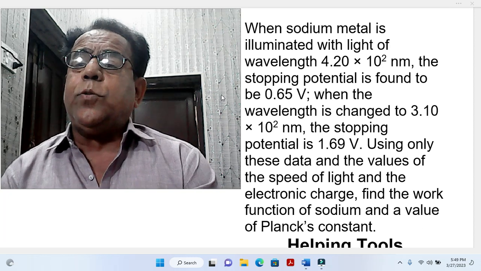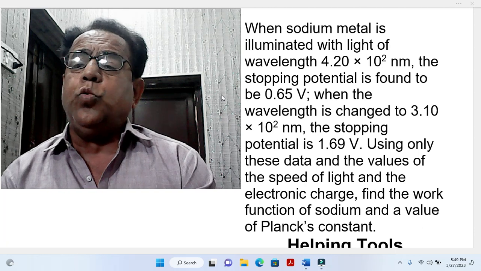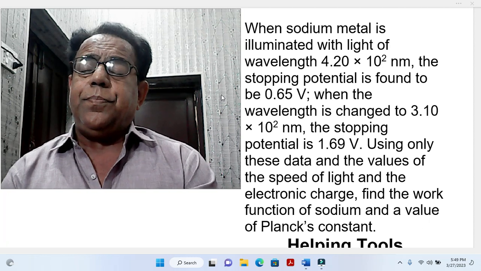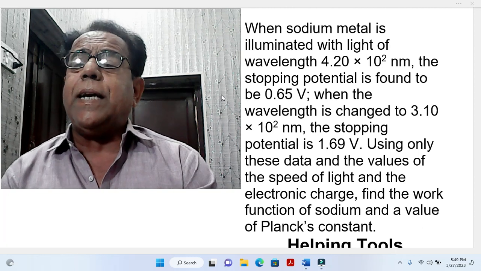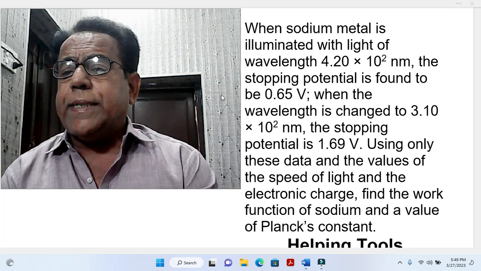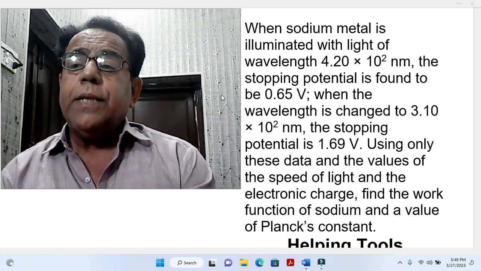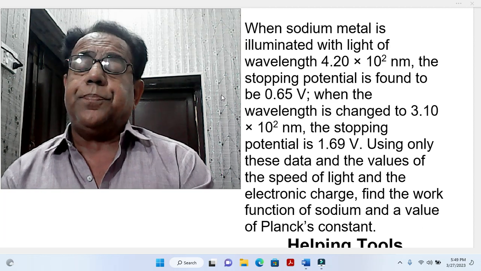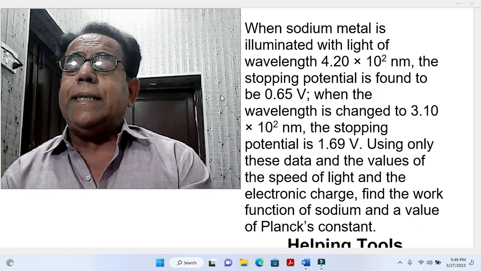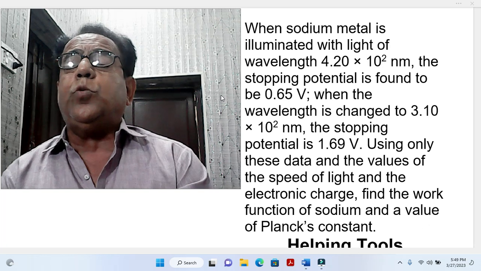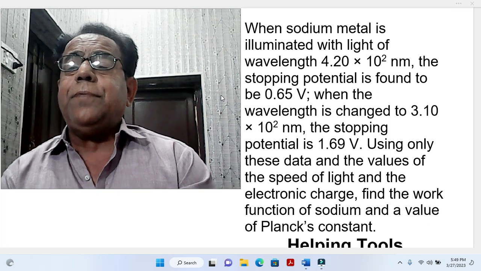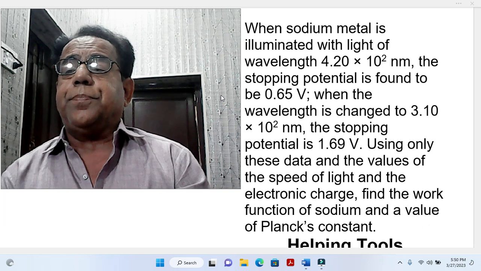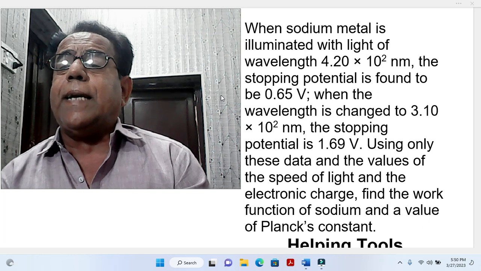When the wavelength is changed to 3.10 into 10 to power 2 nanometer, here again 310 nanometer is easier to describe, and we are a little confused by this irregular form. 3.10 into 10 to power 2 nanometer means 310 nanometer, or 3.10 into 10 to power 2 into 10 to power minus 9 meter, which comes to 3.10 into 10 to power minus 7 meter. Then the stopping potential is 1.69 volt.